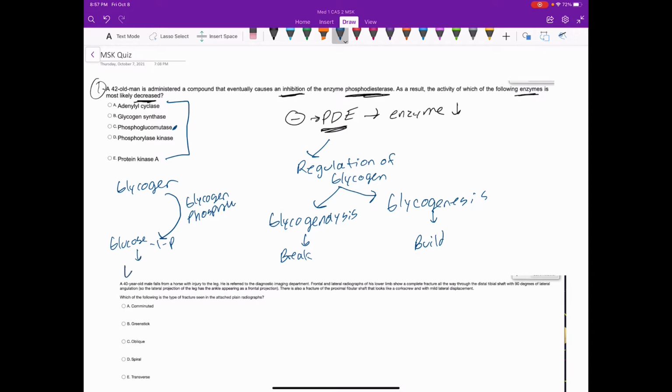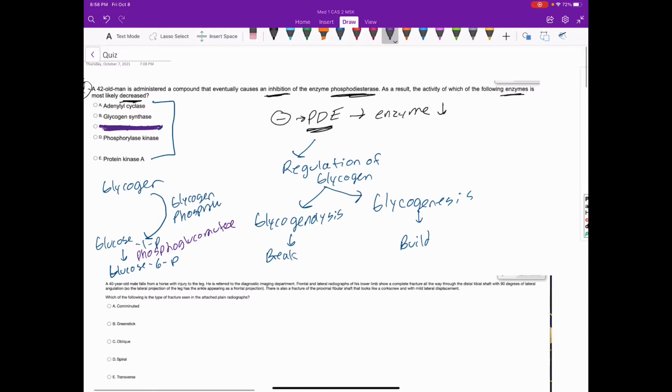Glucose 1-phosphate is then turned into glucose 6-phosphate using what enzyme? Phosphoglucomutase. Okay, so if we're already breaking down glycogen with enzyme glycogen phosphorylase and phosphoglucomutase, phosphodiesterase is not going to be used. So we could automatically already cancel it, like we don't need it. Okay, so now these 4 other enzymes we have a chance with, 25% shot.